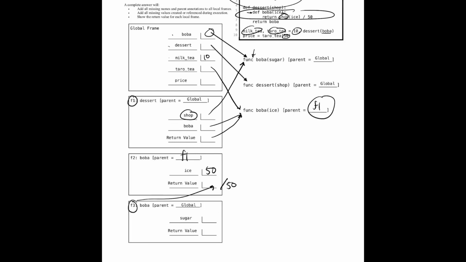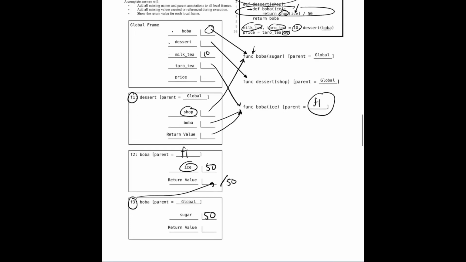So I know that sugar is going to be assigned to 50, because that's what I'm passing here, and ice is equal to 50 right here. So I'm going to do sugar here, and then I'm going to return sugar times 5, which is 250. I see that I have this arrow here, so I'm going to take that out. 250 divided by 50, which is the original return statement in this boba function, becomes 5.